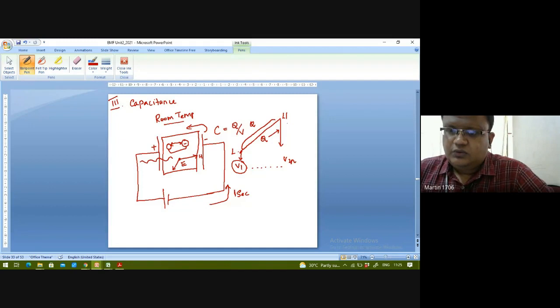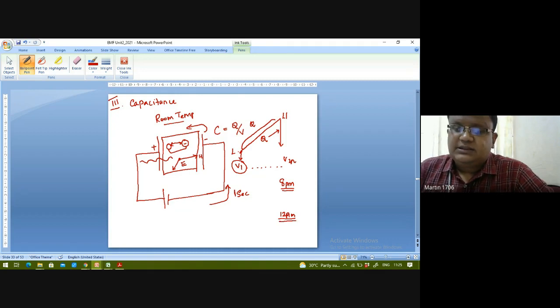Suppose the power cut is at 8 p.m. at night, up to 11 or 12, the signal strength of this capacitance effect will be good.